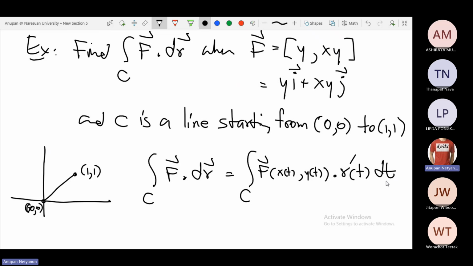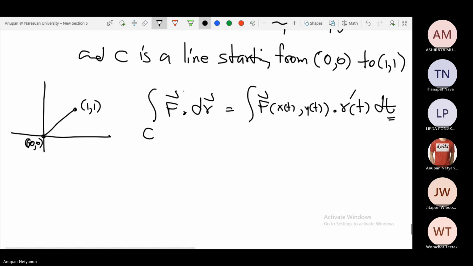And once you have this dt, you can have the running number up front here. Since we don't know the running number yet, okay?